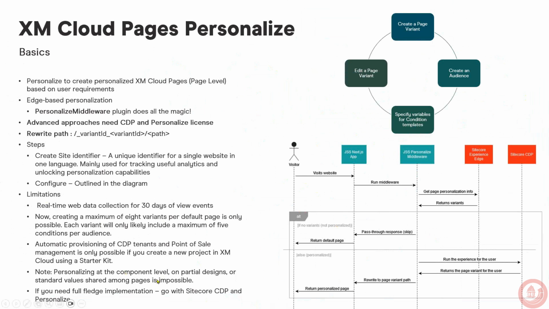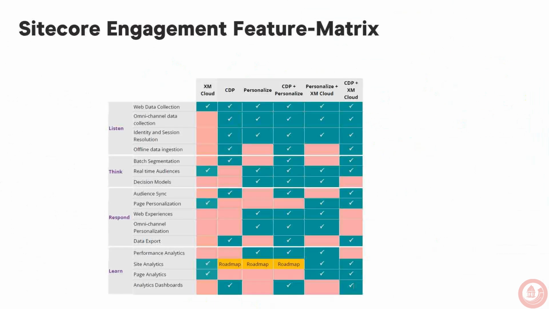Then we discussed that personalizing at the component level, partial designs or standard value level is not possible right now. If you need a full-fledged implementation, go with Sitecore CDP and Personalize. This is a nice matrix. Sitecore CDP and Personalize, also known as Engagement SDK, which is a similar thing with different naming. This matrix shows you the features which are available. Let's say data collection: XM Cloud does it, CDP does it, Personalize also does it, and the combination also does it.